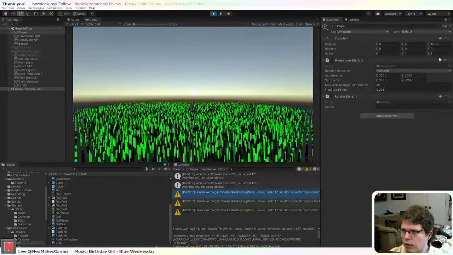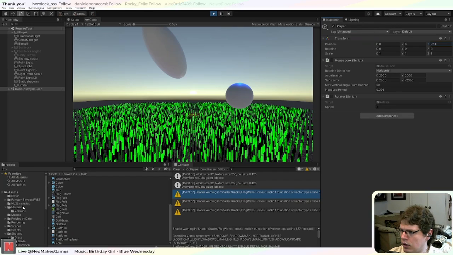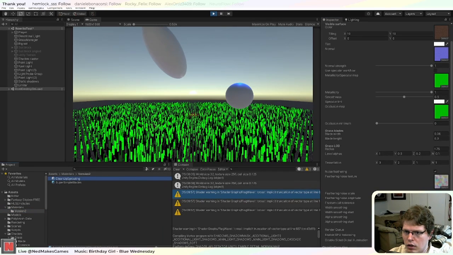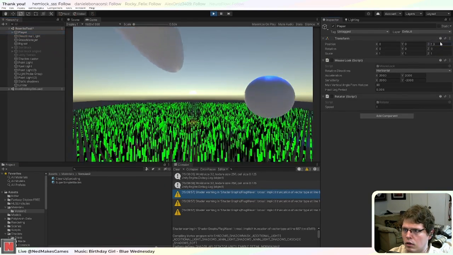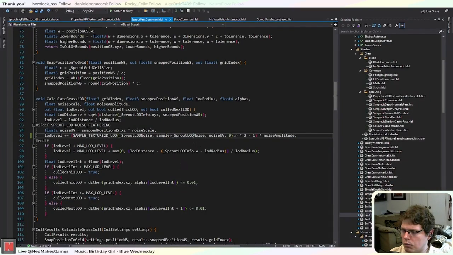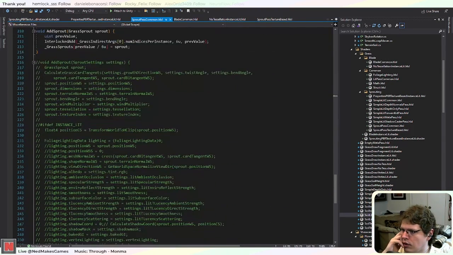That's what the width smoothing is supposed to help with, but it doesn't seem to be working. Yeah, it's not doing anything. So let's see if we can fix that. Oh, it's not doing anything because I haven't put it in the system yet.